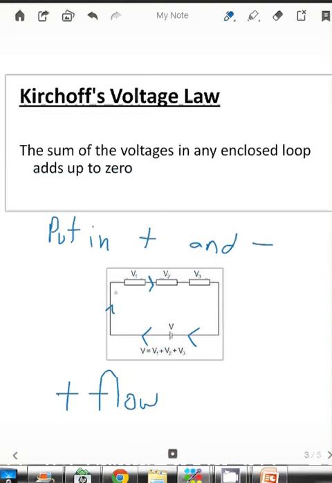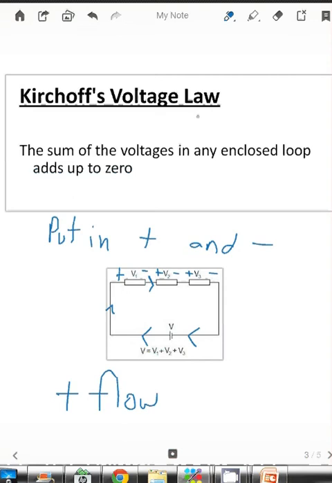So the flow of the charges are going around like this. Once we understand the flow, we can put in our positives and negatives. That means that with respect to this resistor, this is where there was more energy, this is where there was less energy. This resistor, more energy, less energy, more energy, less energy. So we put those in.